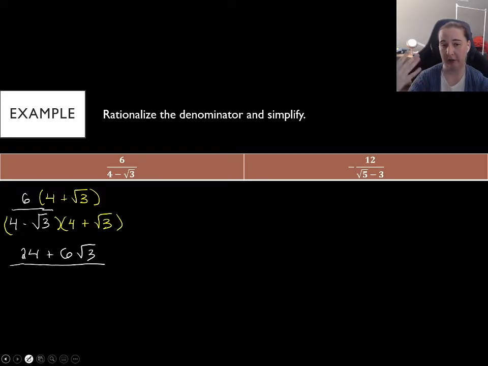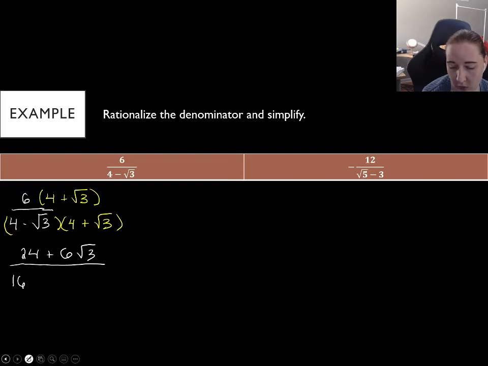In the denominator, this is a difference of squares, or not difference of squares. These are conjugates, and when you multiply it, the 4's get squared, and then the square root of 3's get squared. That's where my brain was thinking difference of squares, because, well, that is a difference of squares. My brain today is not 100%, but when you multiply, you get 4 times 4. When you go through FOIL, that's 16.